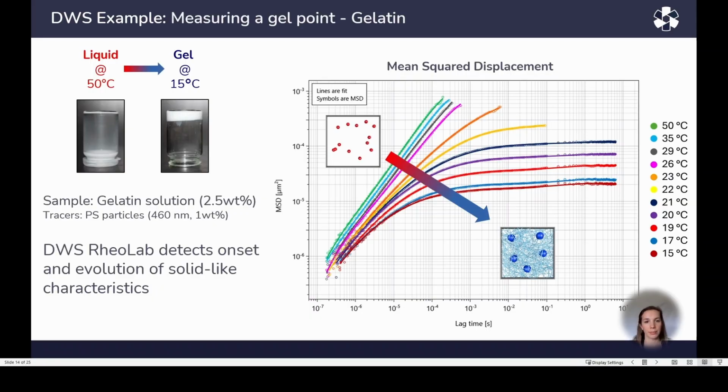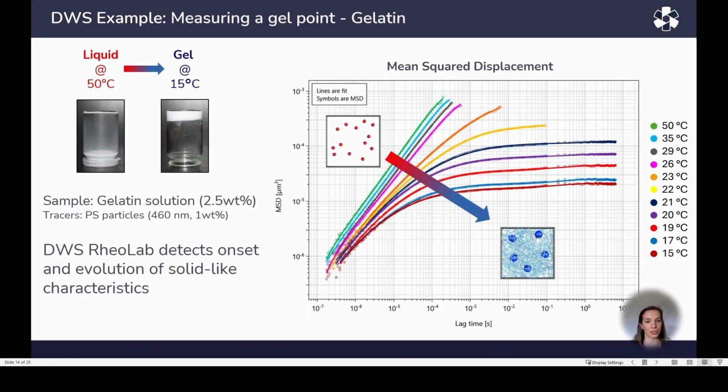An automated measurement with temperature protocol was set by cooling the system from 50 degrees Celsius down to 15 degrees Celsius in steps of 5 degrees, but with smaller increment steps around the gelation point. Here, I show you the results in the form of the mean square displacement curves of the gelatin sample when cooled down from 50 to 15 degrees Celsius.